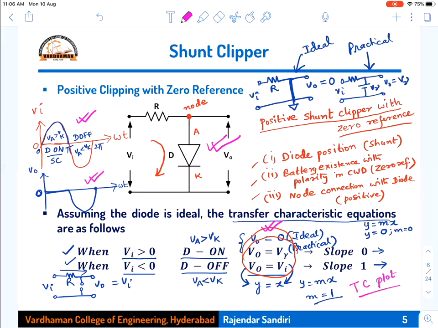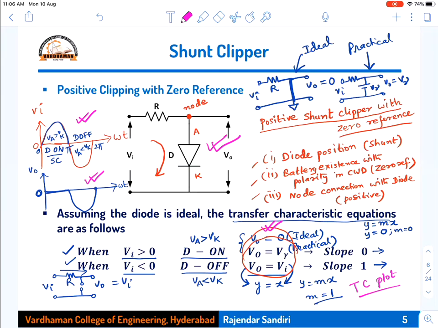Now any one of these things is given, the other things you have to evaluate. All these are interdependent, right? If the circuit diagram is given, you can draw input output waveforms, characteristic equations, plot. If input output waveforms are given, then you should be in a position to draw the circuit diagram, write the transfer characteristic equations, then the transfer characteristic plot.